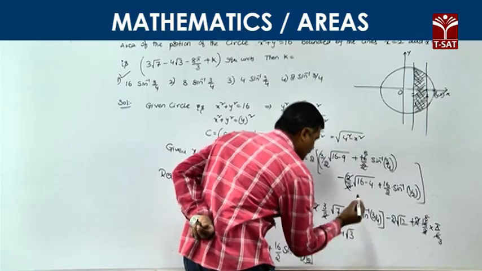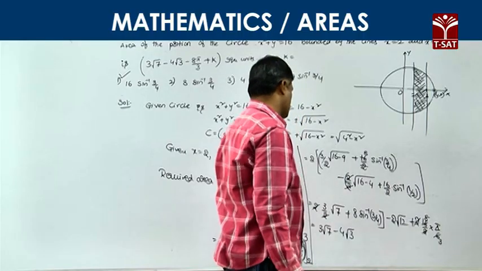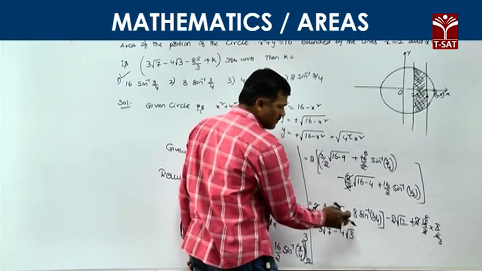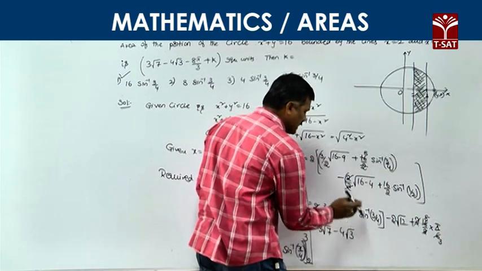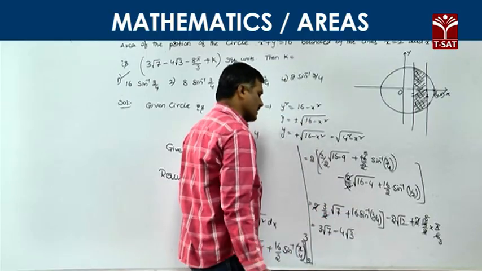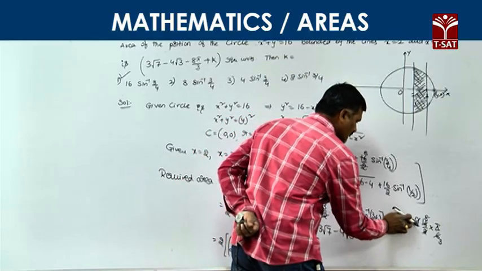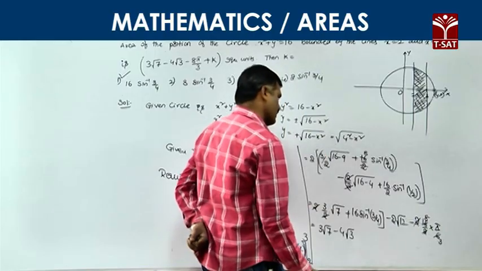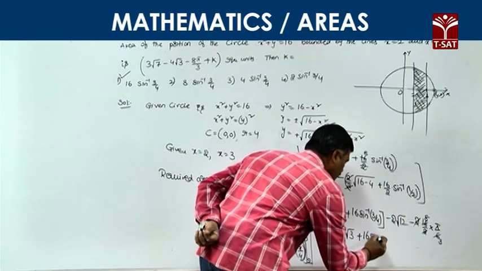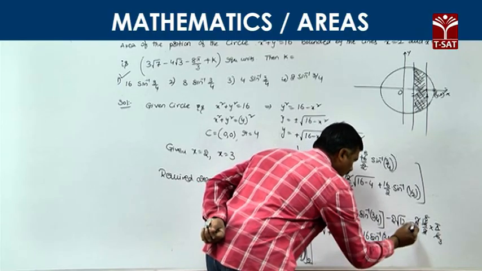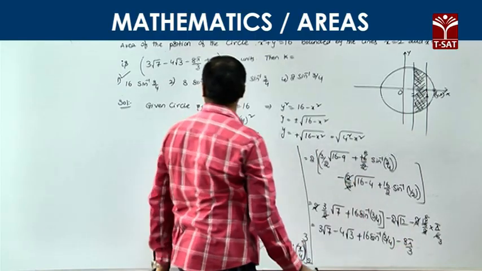Next, a small correction here: 2 into this one plus 2 into 8, that is 16, plus 16 sin inverse of 3 by 4, and next minus 8 pi by 3.